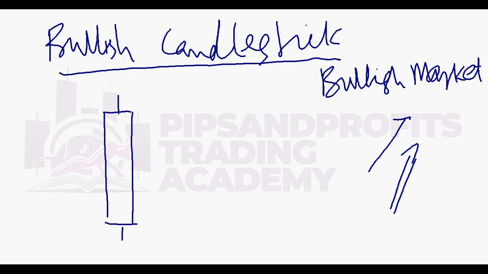Now, when we talk about a bullish market, the market opens at a lower price point and then it goes up. Every candlestick starts with an opening price. So we have the open price, and when it opens, the market will move with the volumes that are coming in.